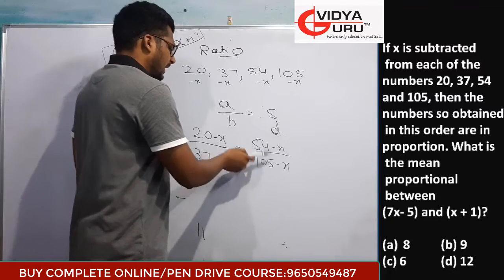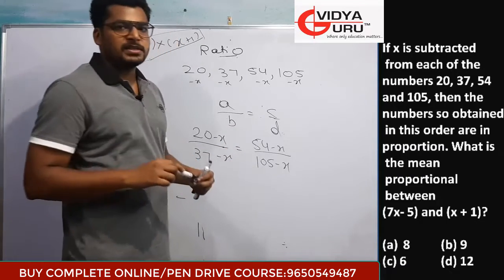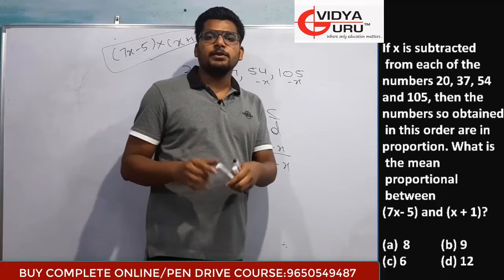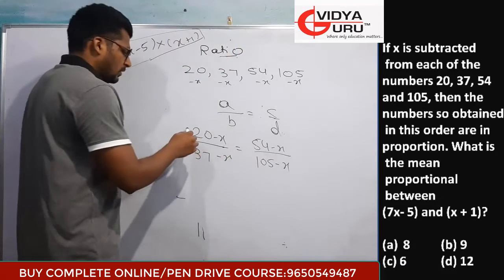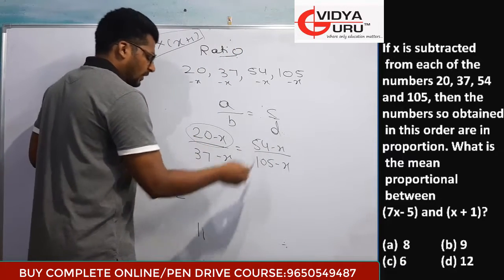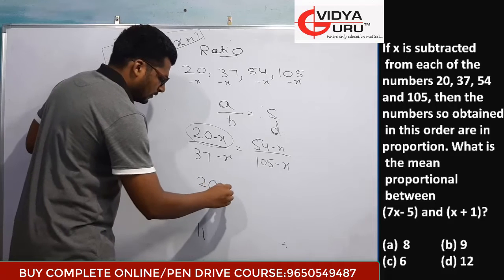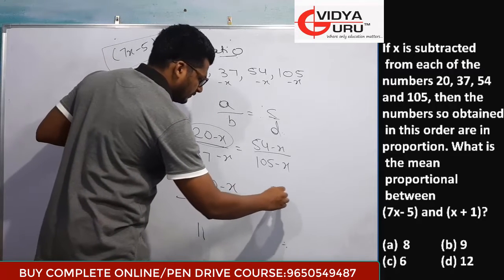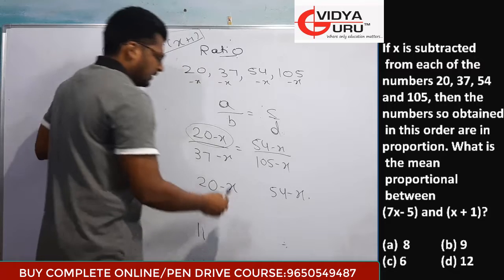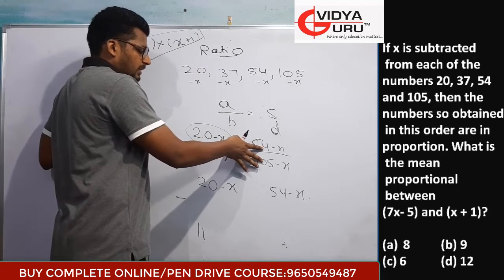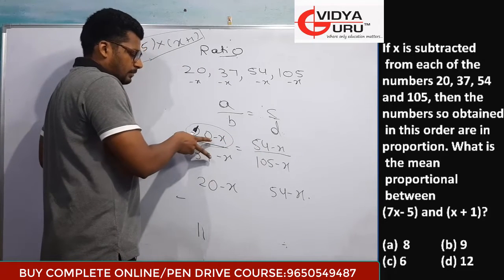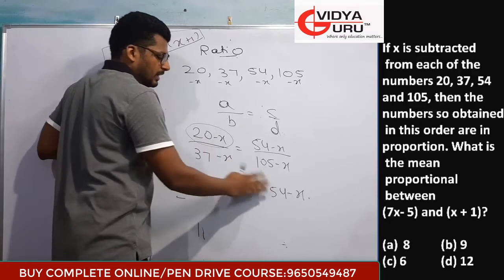If we cross multiply here, then a quadratic equation will become, that is not very easy to solve. So what will we do? We will take either the numerator or the denominator. 20 minus x, 54 minus x. By the difference of these two we will multiply here, and by the difference of these two we will multiply here.